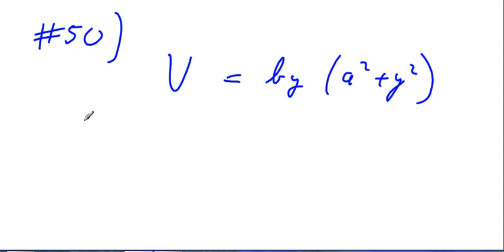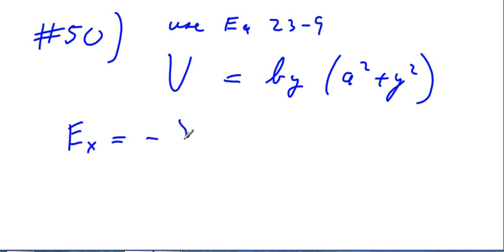Okay, determine E. So E in the X direction, we're going to use equation 23.9. E in the X direction is going to be minus the partial of V with respect to X. You notice there's no X here, so that's going to be 0. We'll pick out the other low-hanging fruit.